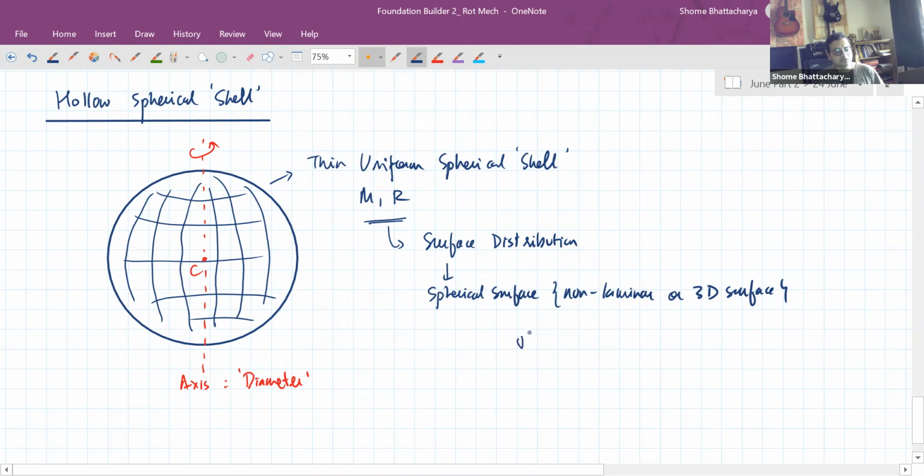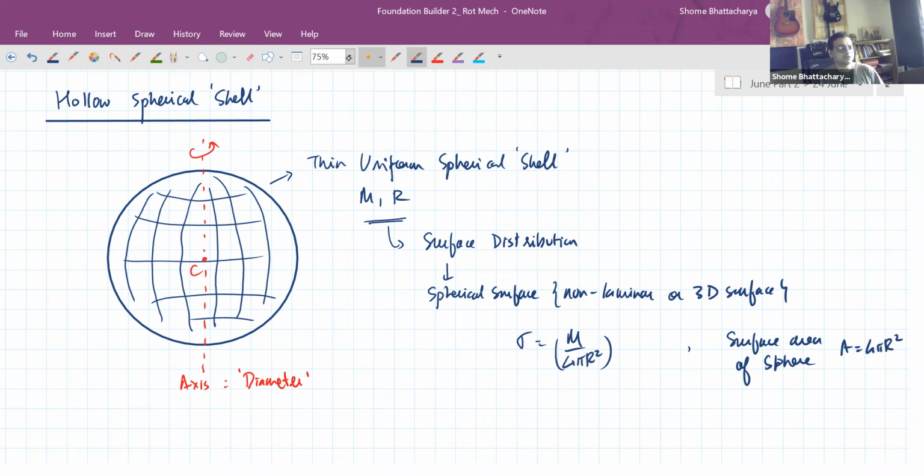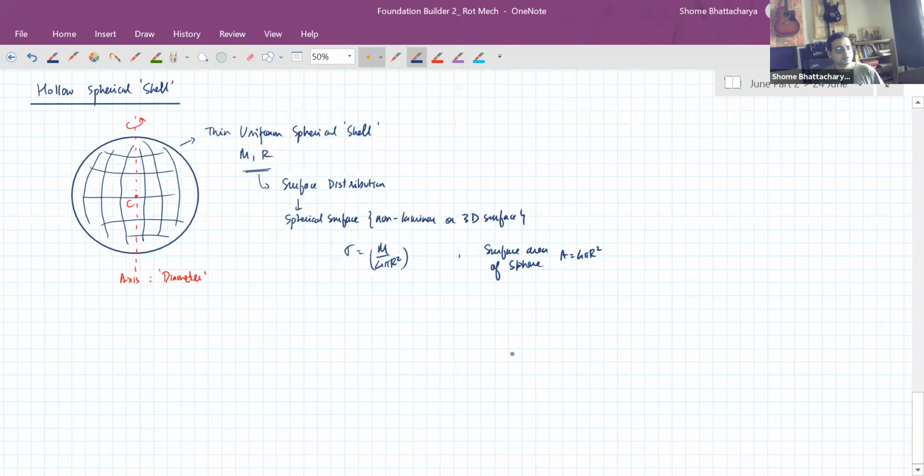So anyways, sigma here will become M upon 4 pi R square. The surface area of a sphere we know is 4 pi R square. And it's a uniform spherical shell, so the mass is distributed uniformly over the surface.